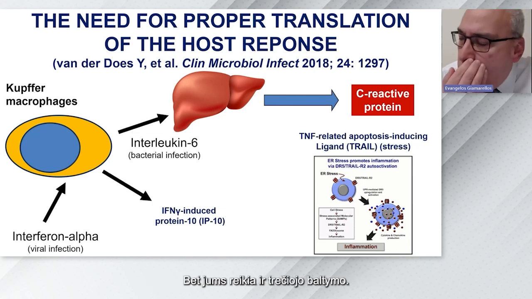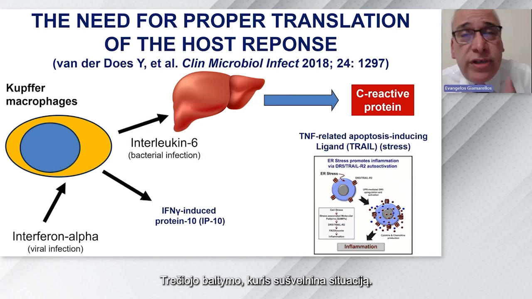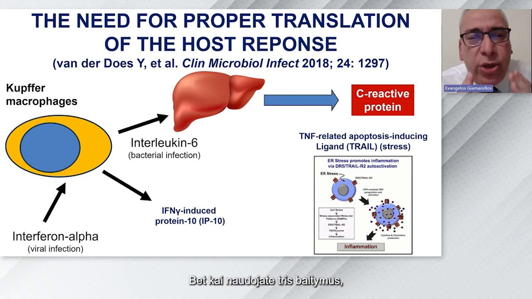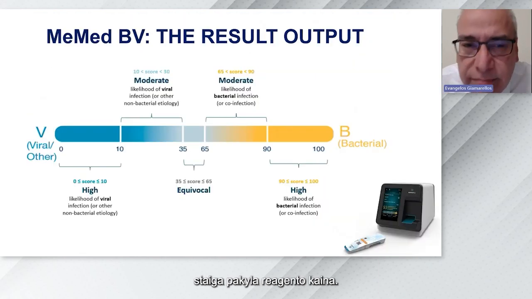But you also need a third protein, which can make the situation clearer. But when you use 3 proteins, all of a sudden, the cost of the reagent goes up.